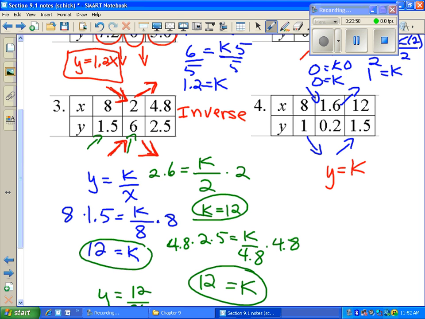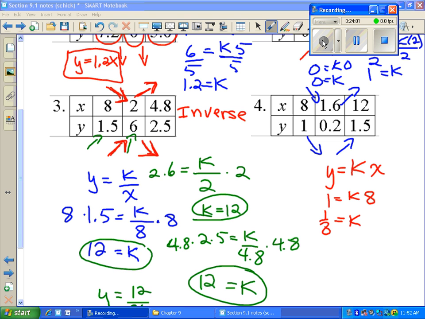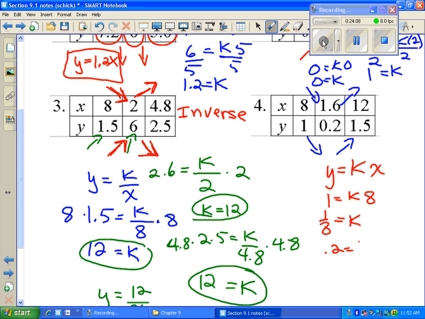Y equals k times x. If I plug in my y's, 1 is equal to k times 8. So k is equal to 1/8. If I check this with the other two, and I say 0.2 is equal to k times 1.6, or if I say 1.5 is equal to k times 12, I still get the k to be 1/8, or 0.125.